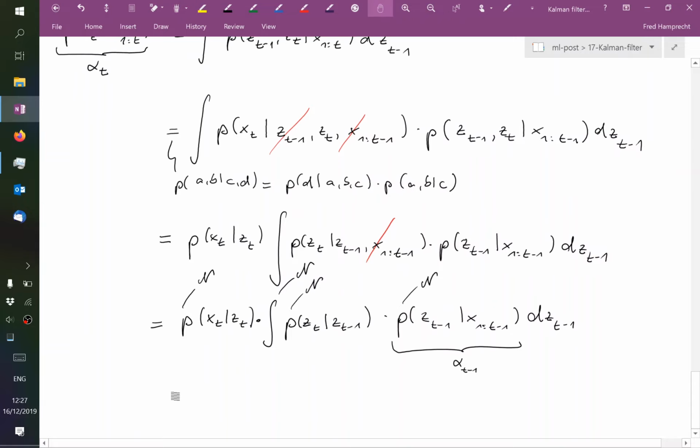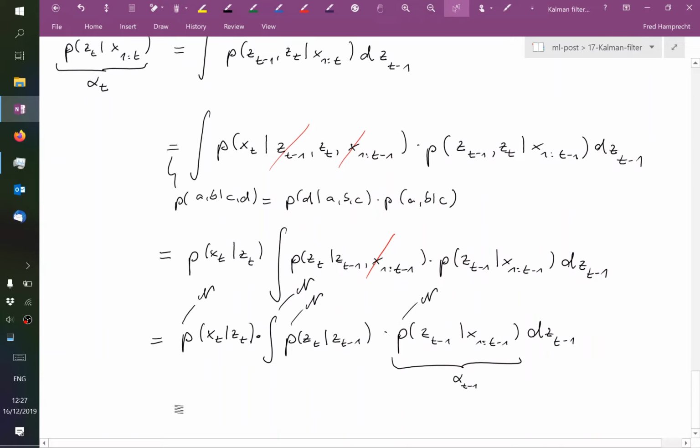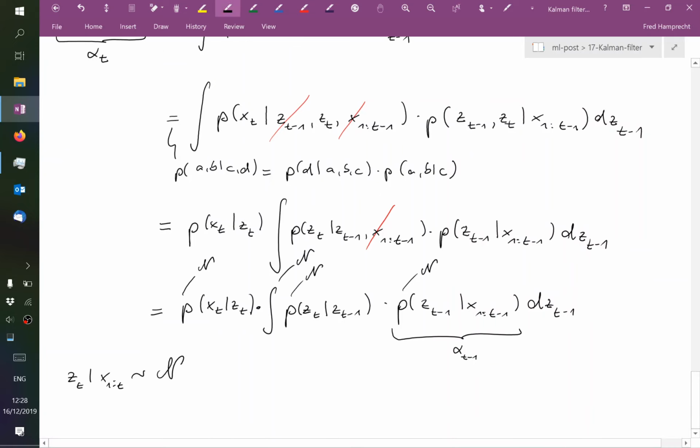So we're looking at the probability of zt given x 1 through t. We can infer that zt given x 1 through t also follows a normal distribution. I'm just going to give some dummy names to the parameters.